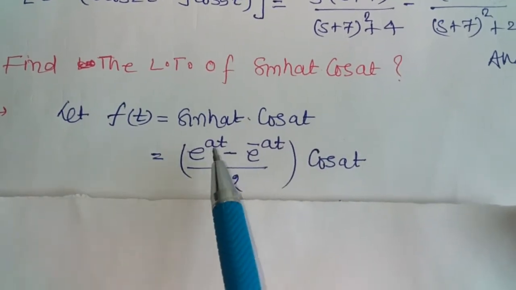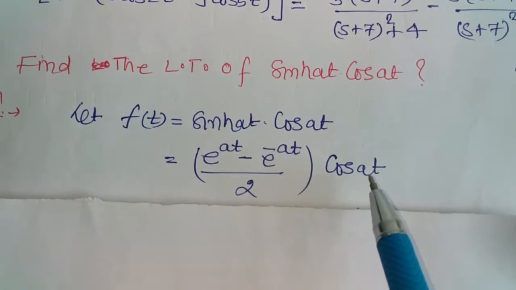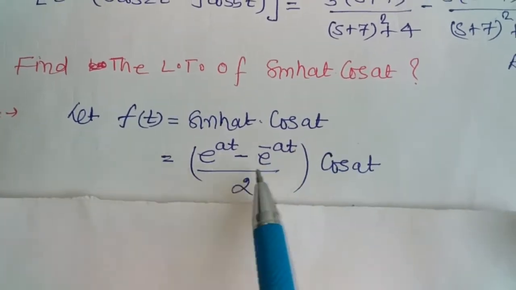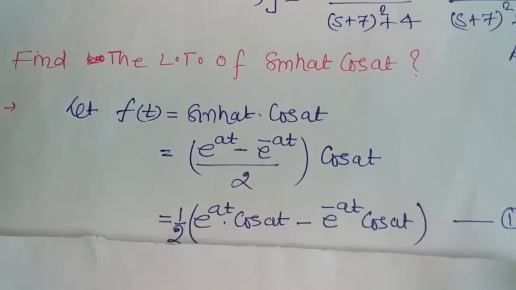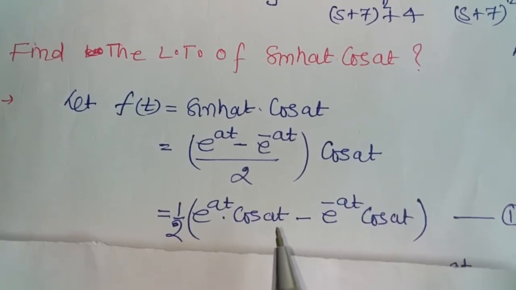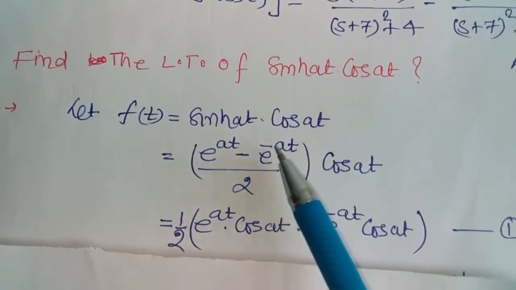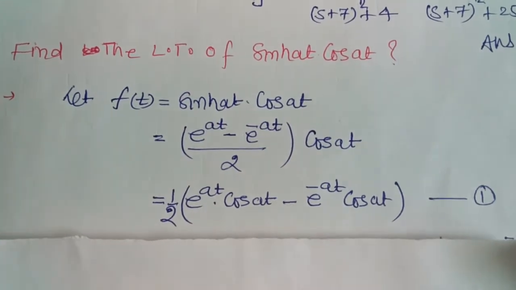So we get e raised to at minus e raised to minus at by 2 into cos at. Now we multiply cos at inside the bracket and we get 1 by 2 into e raised to at into cos at minus e raised to minus at cos at. So this is our f(t) function.